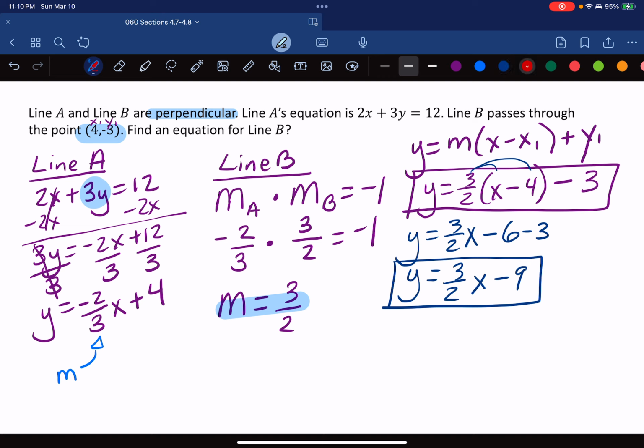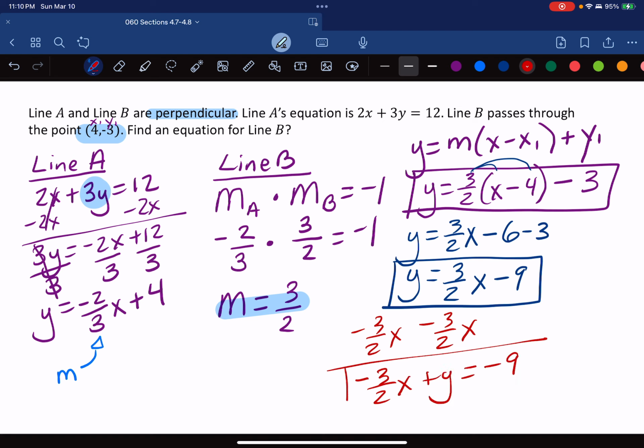Another form that you might be asked to write your equation in would be standard form. With standard form, we want x and y on the same side, which means I would want to subtract 3/2 x from both sides, which would give me negative 3/2 x plus y equals negative 9.